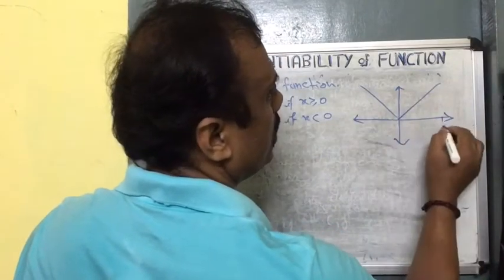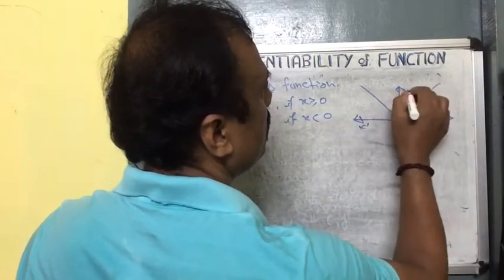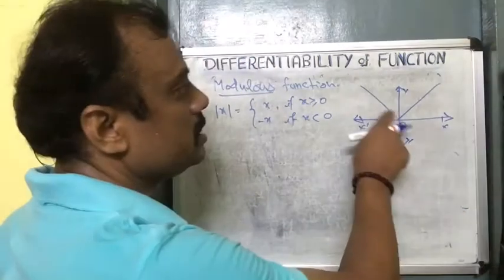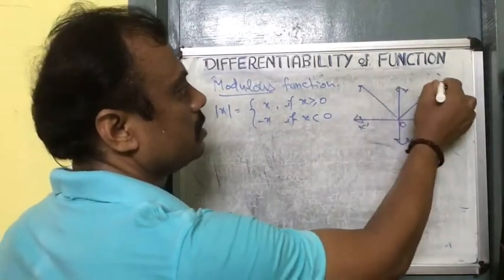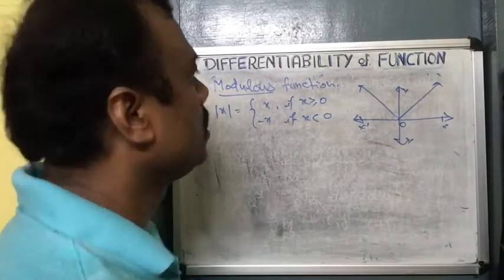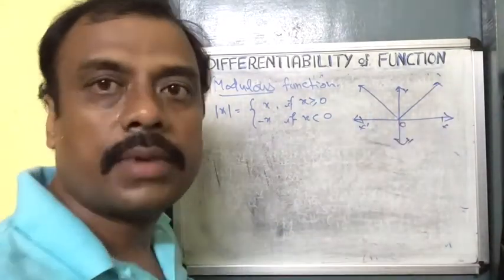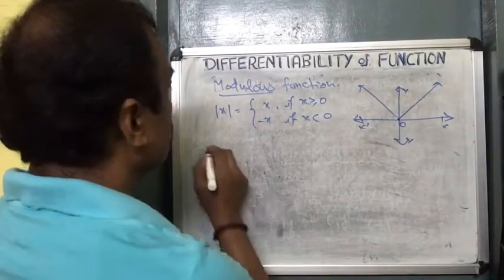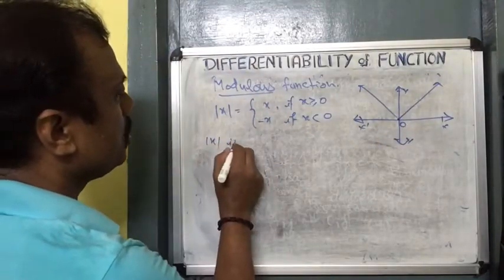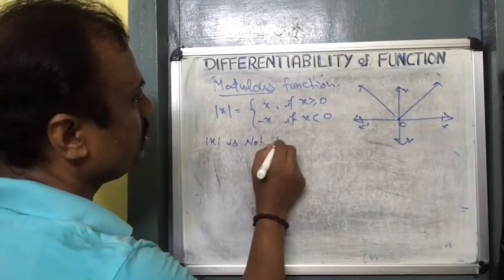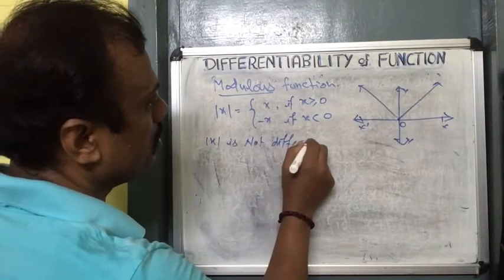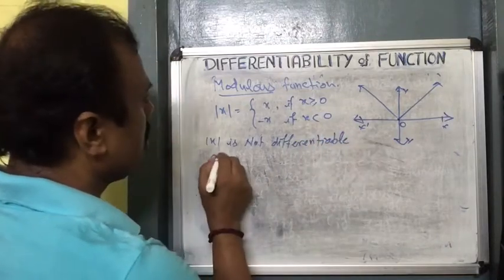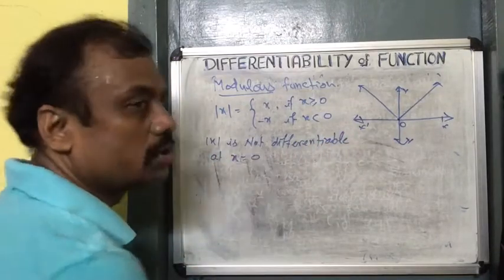X dash, y dash, this one is the origin. This modulus function is differentiable except at the point x equals 0. Mod x is not differentiable at x equals 0.